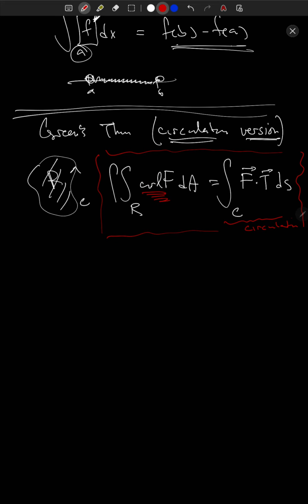Remember again, the curl is nothing too fancy. It's just derivatives of P and Q. Actually, let me write it down: dQ/dx minus dP/dy.